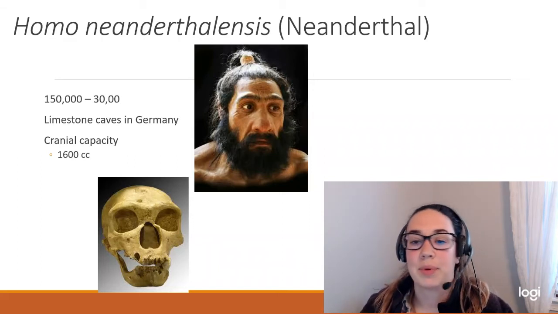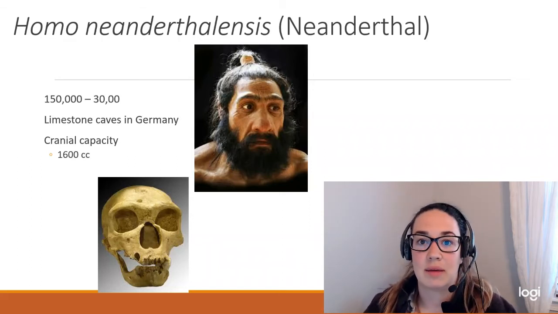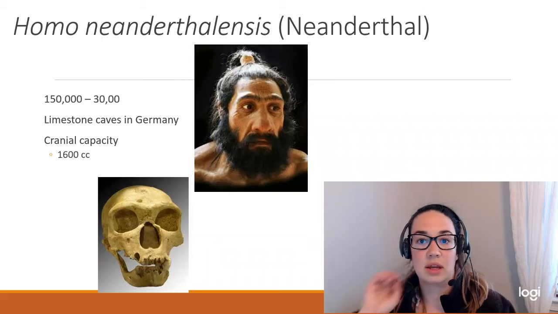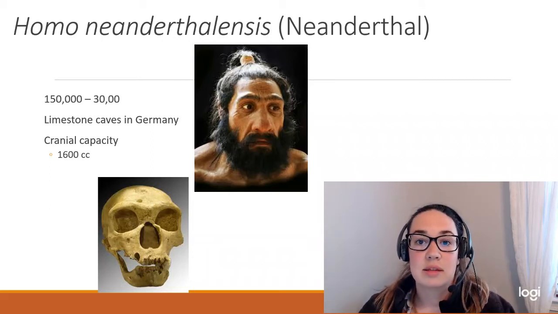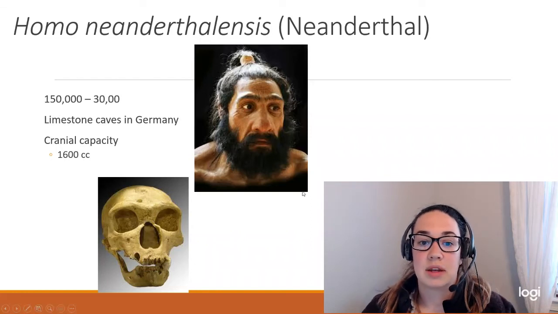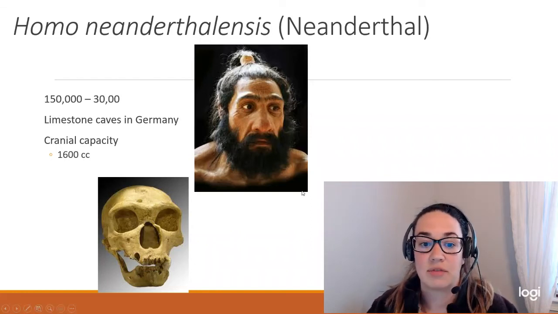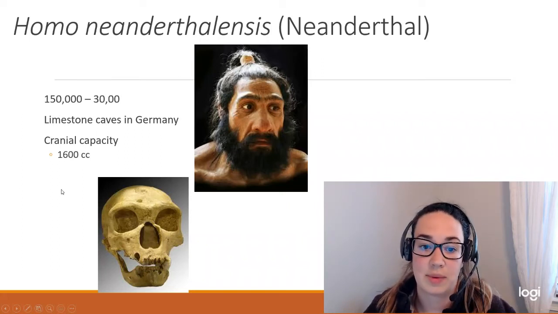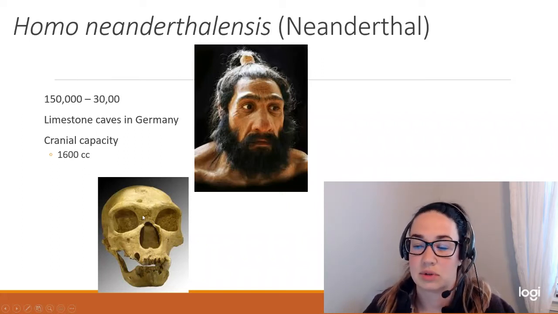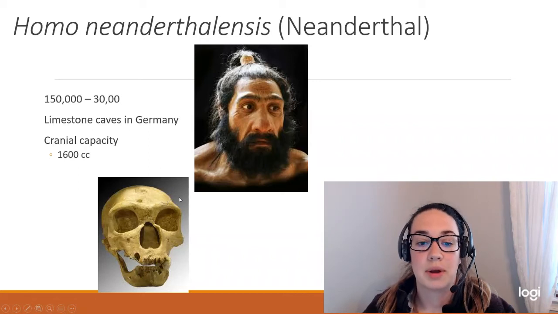They were particularly found in limestone caves in Germany, the Neanderthal cave paintings or whatever. And these particular individuals had a cranial capacity of approximately 1,600 centimeters. And so the cranial capacity, or CC, that's what the CC stands for, is cranial capacity. But if you measure it, it's 1,600 centimeters in diameter. And that's all in your book as well.